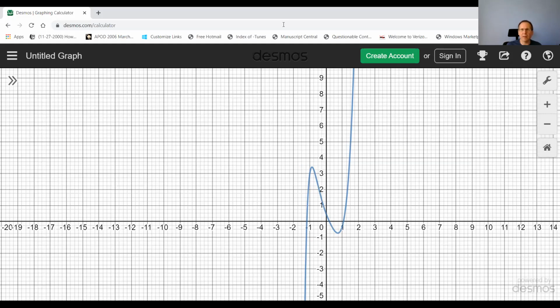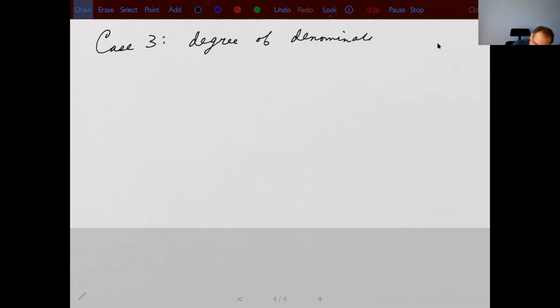There's one more case, so let's do that last case. Okay, now this last case, case 3, may be the most interesting one. This is when the degree of the denominator equals the degree of the numerator.